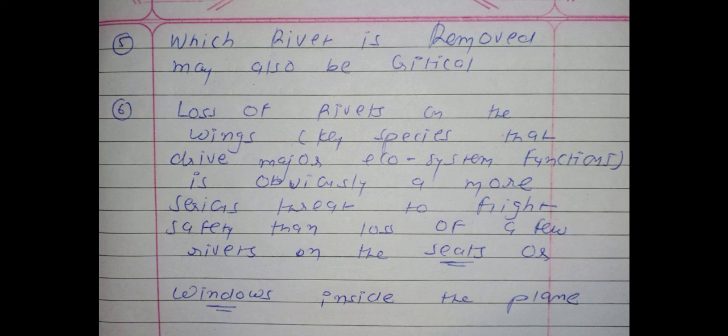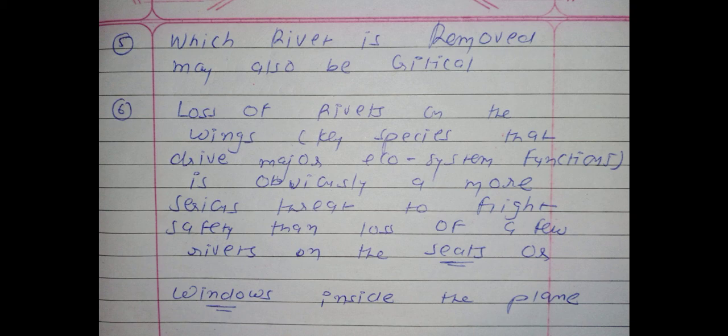So we can say that if we are going to remove a rivet found in the wings of the aeroplane, okay. Point number 6, loss of rivets on the wings will be compared with the loss of key species that drive major ecosystem function, and is obviously a more serious threat to flight safety than loss of a few rivets on the seats or windows inside the plane.